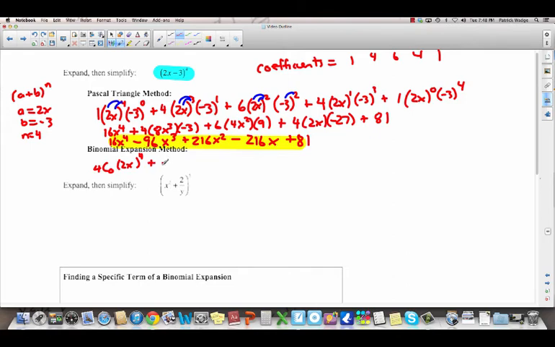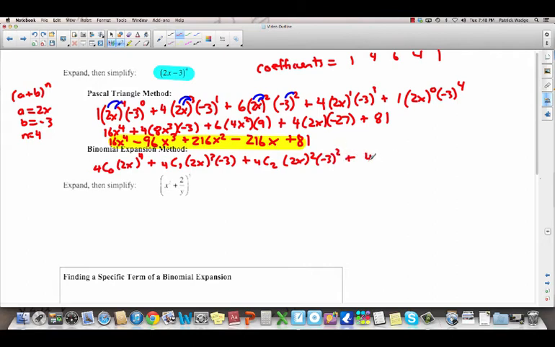The second term would have a coefficient of 4 choose 1, and then we would have 2x cubed, negative 3 to the first power, which I don't need to write. The next term would have 4 choose 2, and then 2x squared and negative 3 squared.